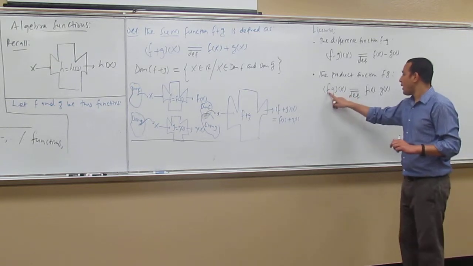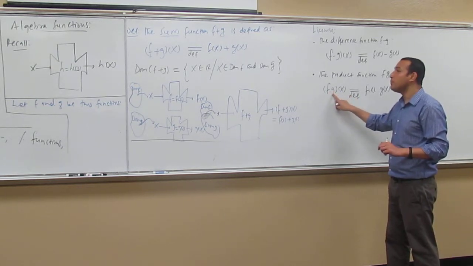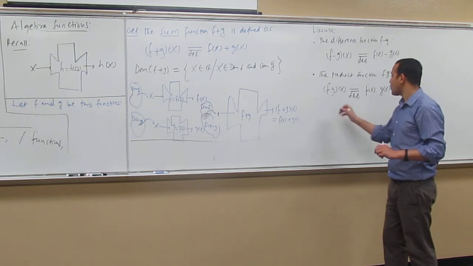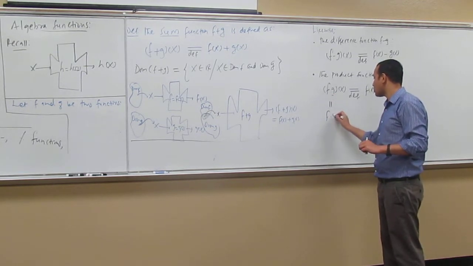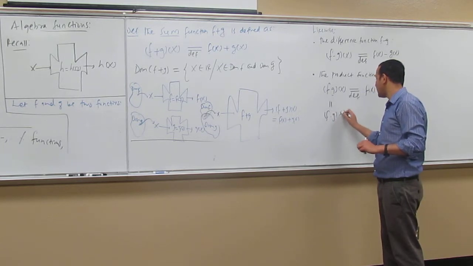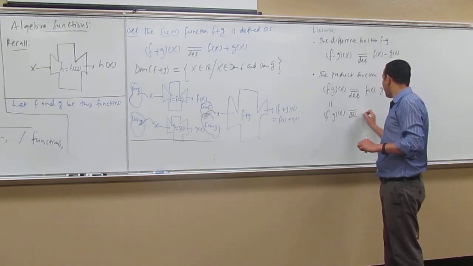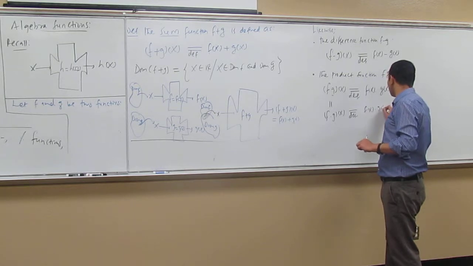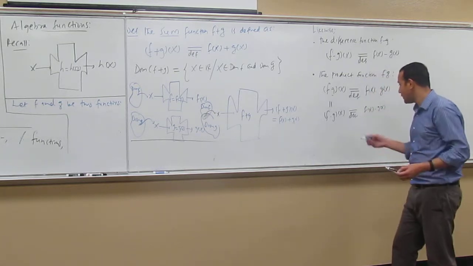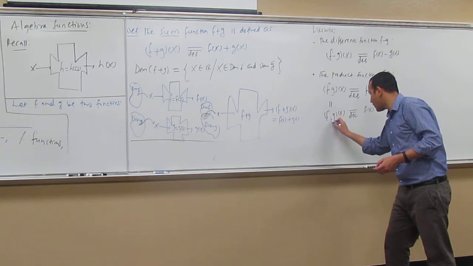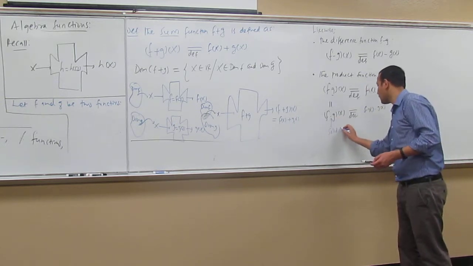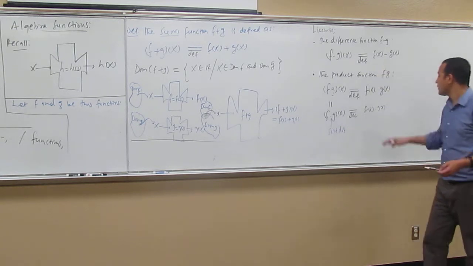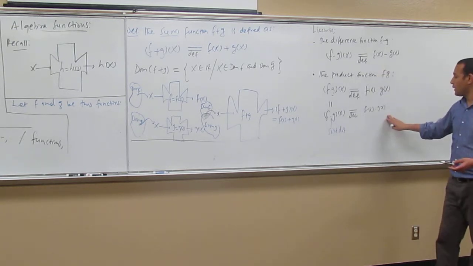So f times g is just a simple multiplication, or in some books they write it this way: f, solid dot, g of x is equal to f of x times g of x. You should not confuse yourself, it's a solid dot, just a simple multiplication.